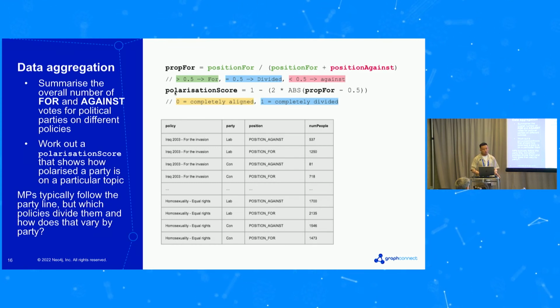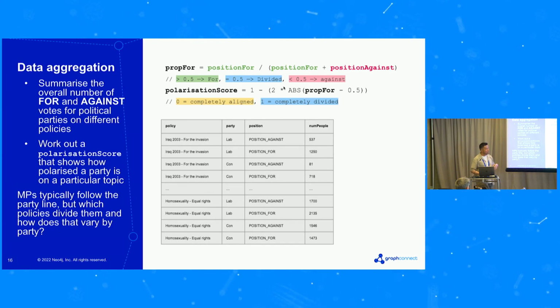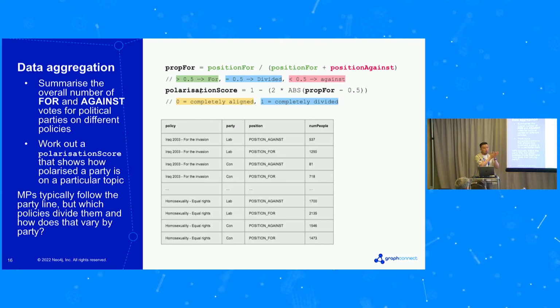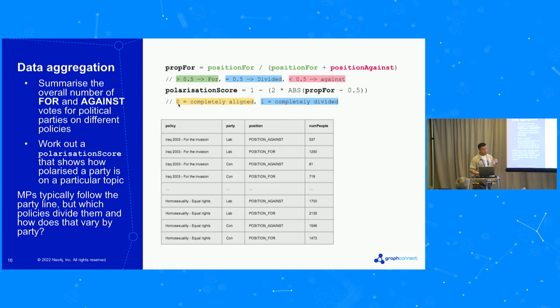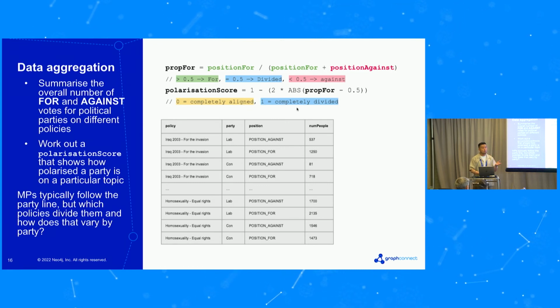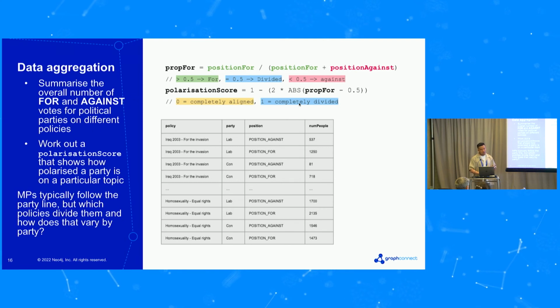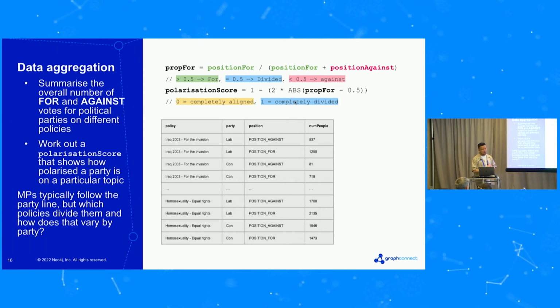So we can normalize this proportion-for variable by using this expression to normalize the data to the range 0 to 1. Basically, if the value is closer to 0, that means the party is more aligned, and if the value is closer to 1, we can say this party is more completely polarized.